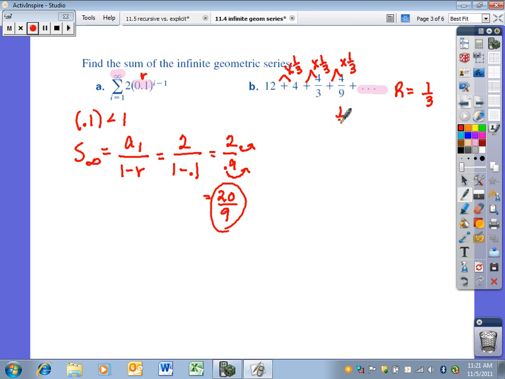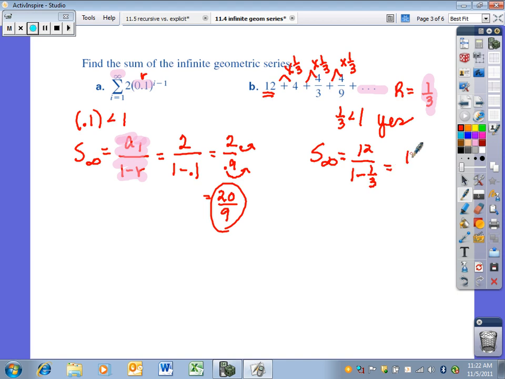Is 1/3 less than 1? Yes, it is. So we can use our infinite sum formula, which says first term, which was 12, divided by 1 minus my ratio, which was 1/3.